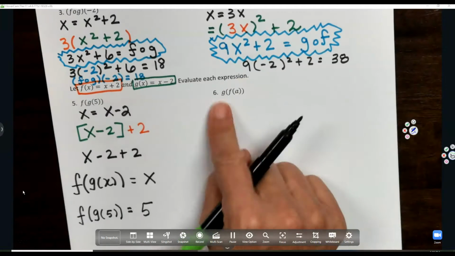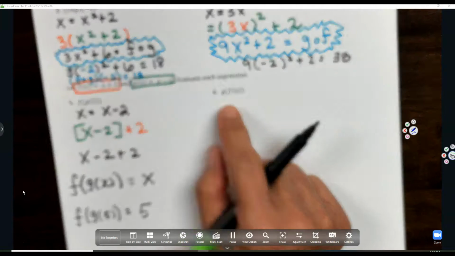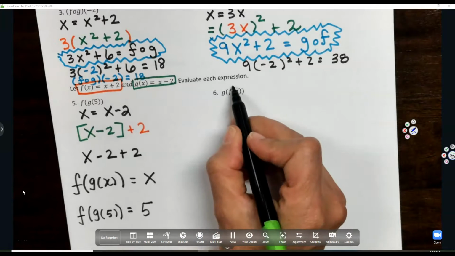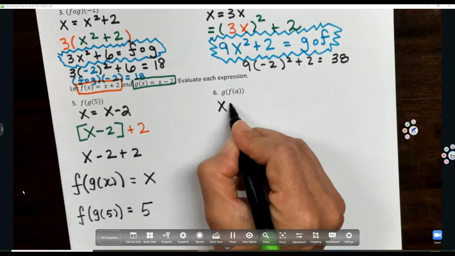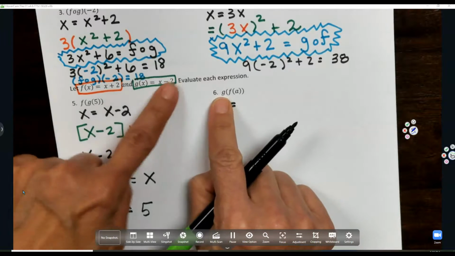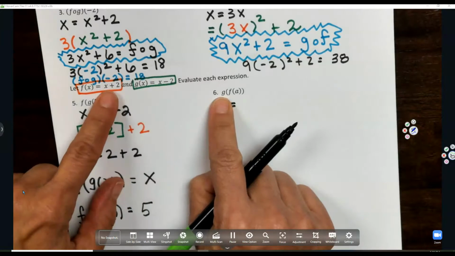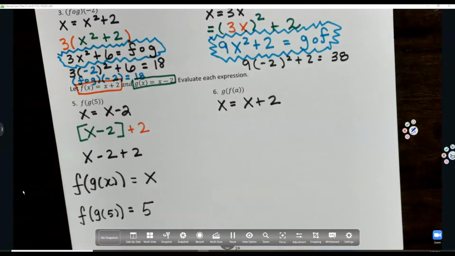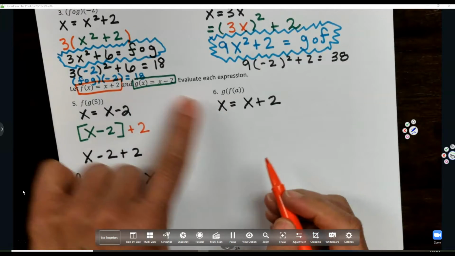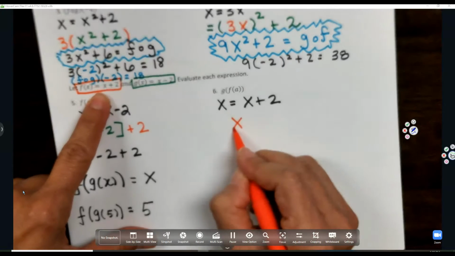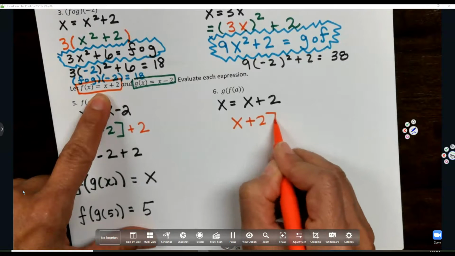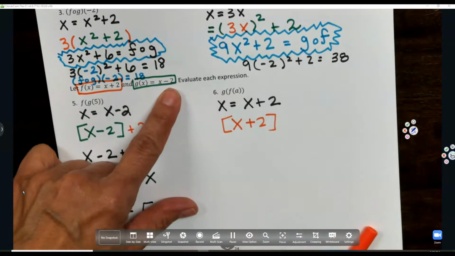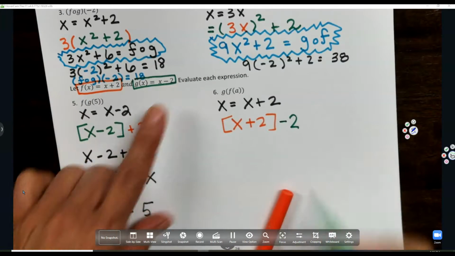All right, let's reverse the order. This time, we're going to put f into g. So every time I see the letter x for g, the green one, I'm going to dump in x plus 2. So here I go. We are going to actually start out with a letter x. So f of x comes first. But remember, your g of x had a -2 behind it.